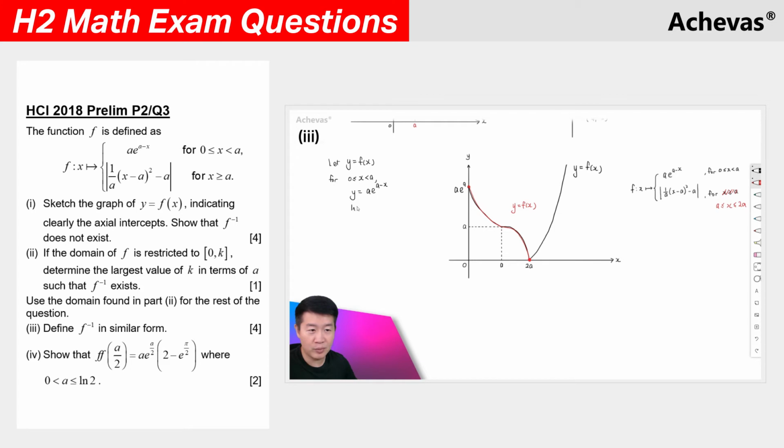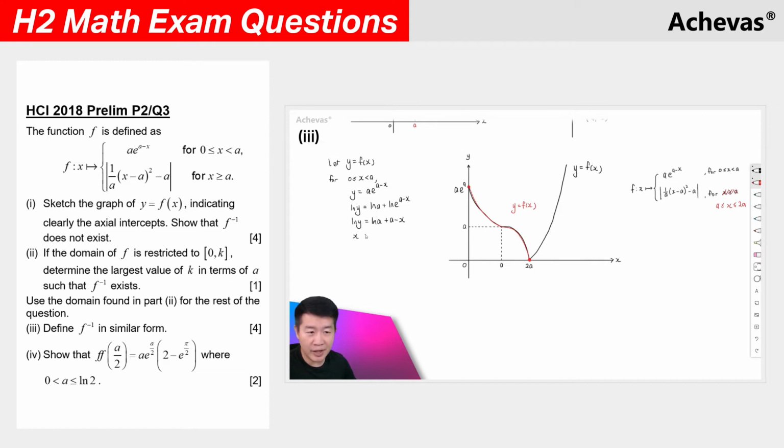So if I were to ln both sides, I will have ln y is equal to ln a plus ln e to the power of a minus x. This, I can bring it forward. So it will be ln y is equal to ln a plus a minus x.